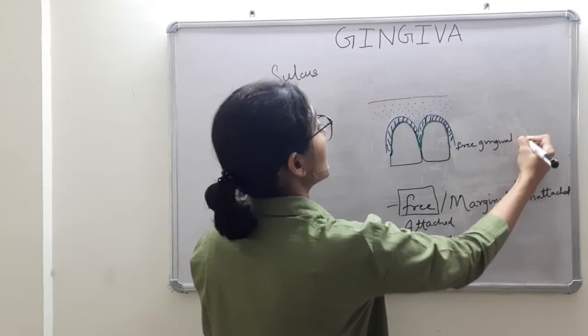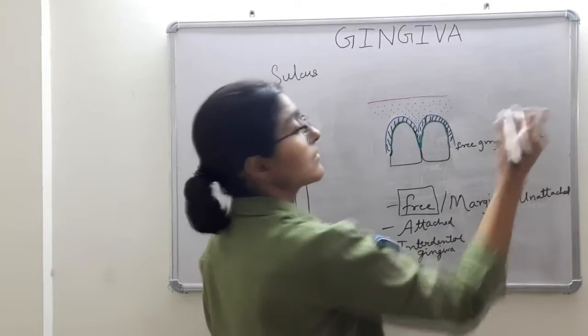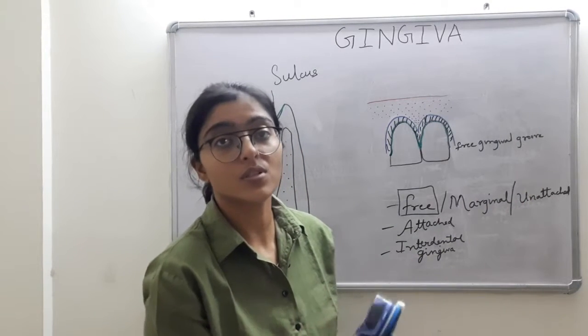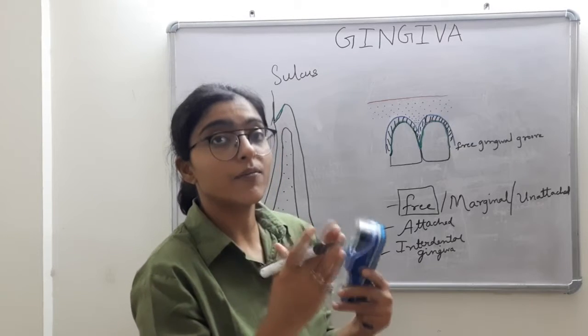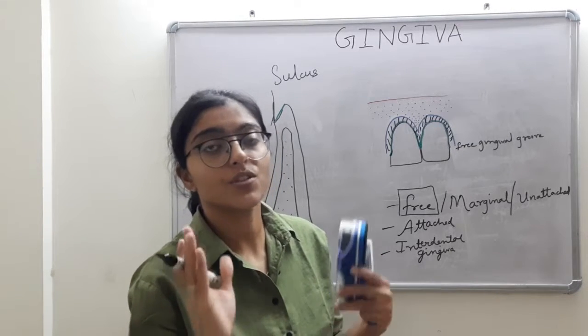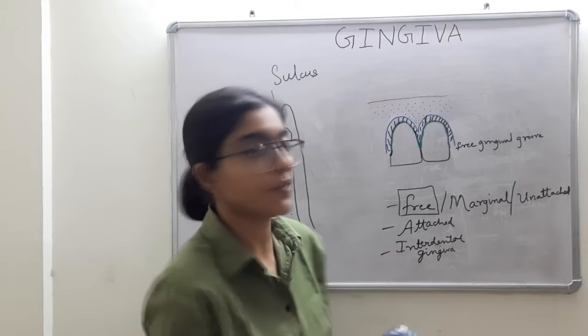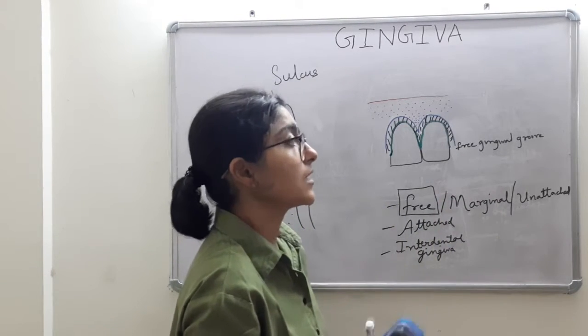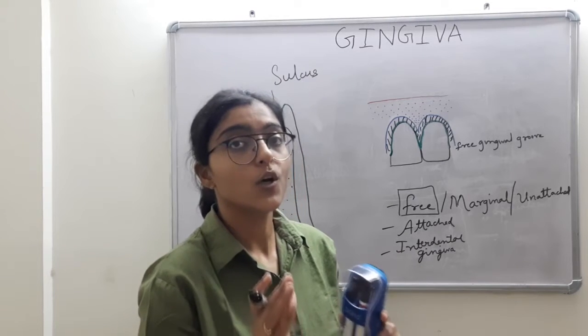I am not abbreviating it as FGG, otherwise it will create another confusion, as FGG is a common abbreviation for free gingival graft, the grafting procedure. So don't use it here. Use the entire terminology, free gingival groove.